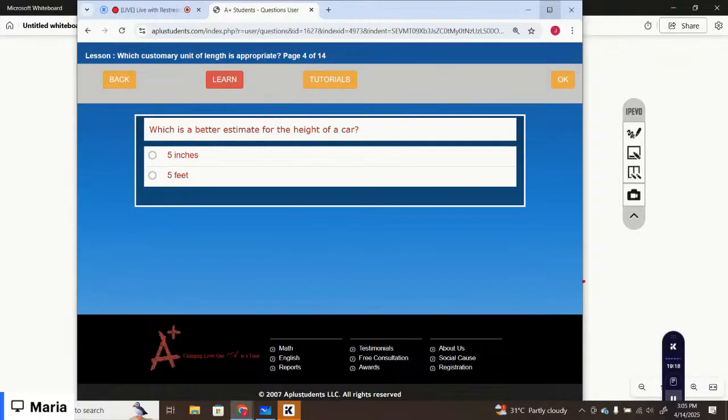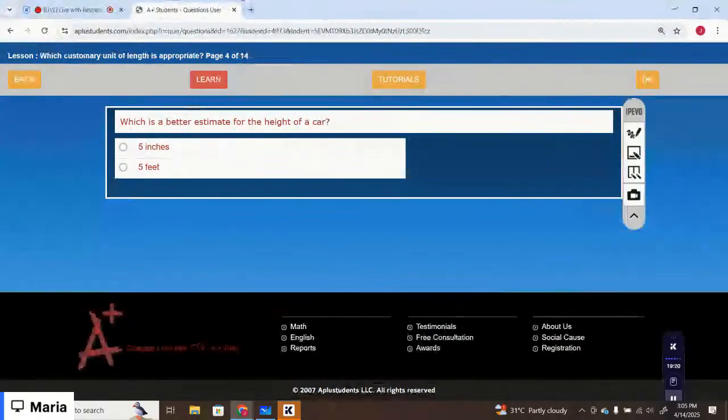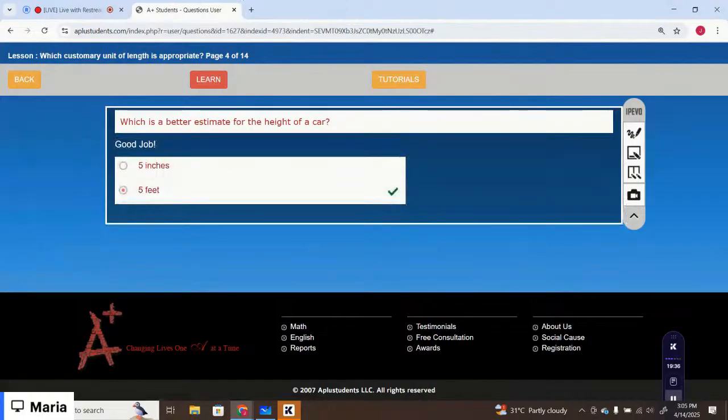Which is a better estimate for the height of a car, 5 inches or 5 feet? 5 inches is too small for the height of a car. It must be 5 feet. Option number 2 is the correct option.